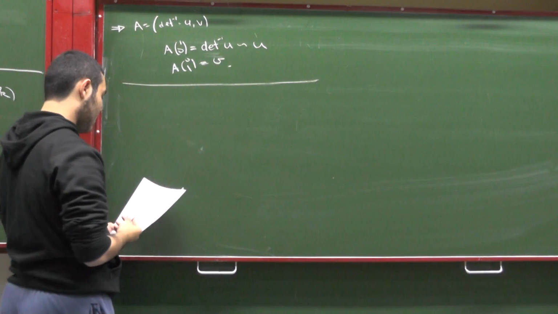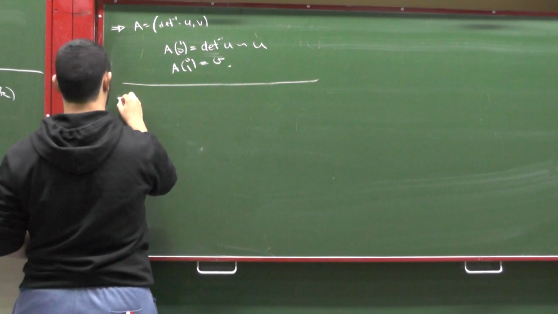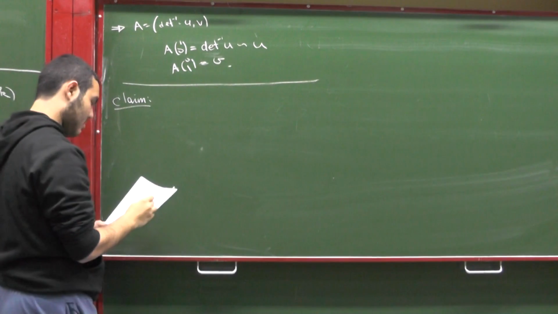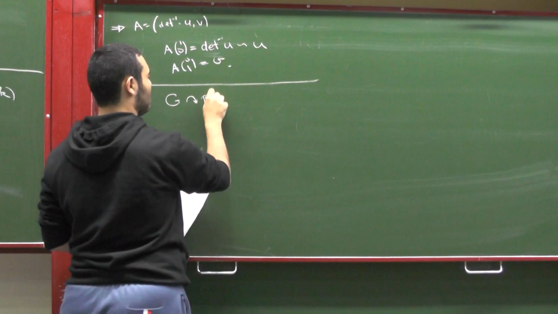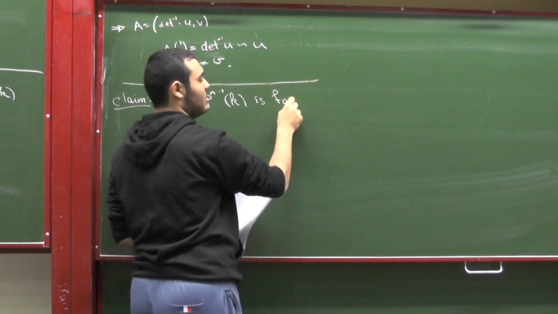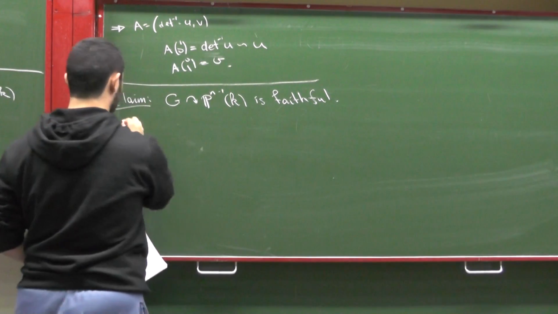Okay, this is one thing, and the second thing that I want to say: I claim that the action of G on projective space is faithful, meaning that it has no kernel. Why?